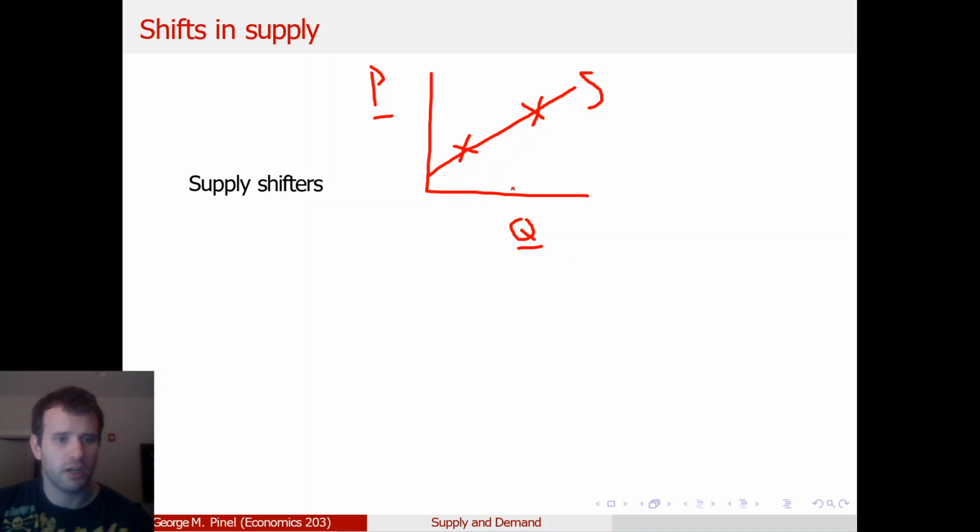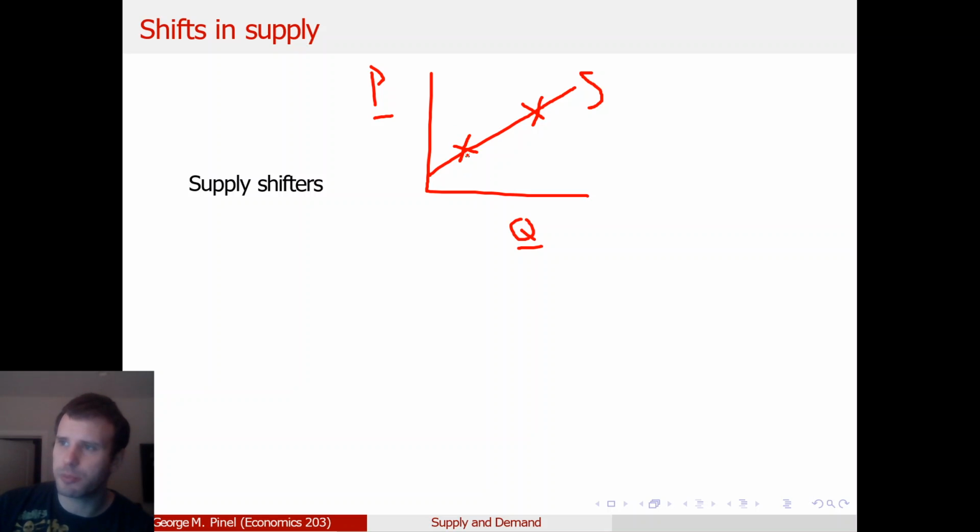If I give you a supply curve, it's usually going to be like price equals some slope times quantity supplied plus some intercept. So supply is a function of quantity supplied and price.